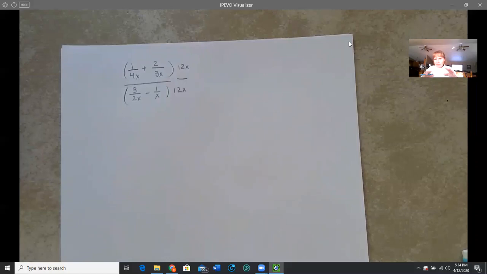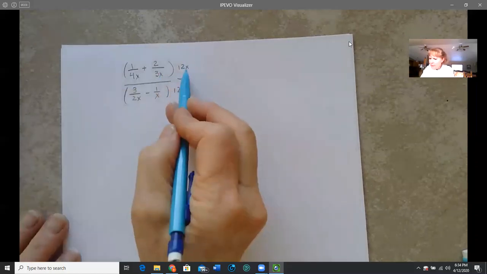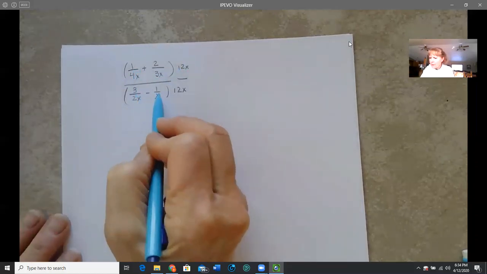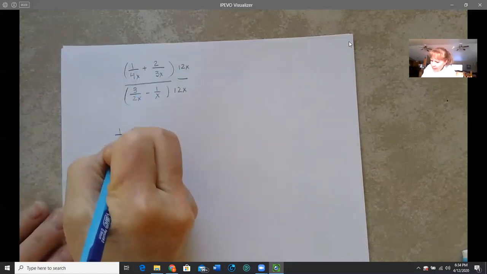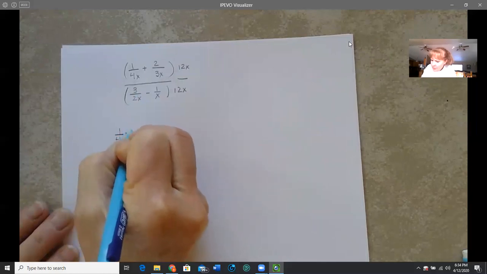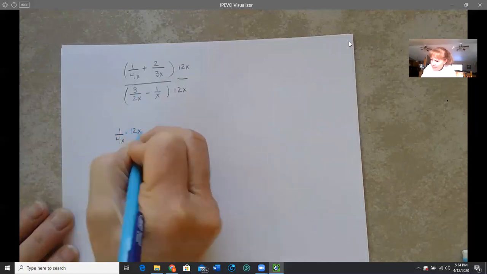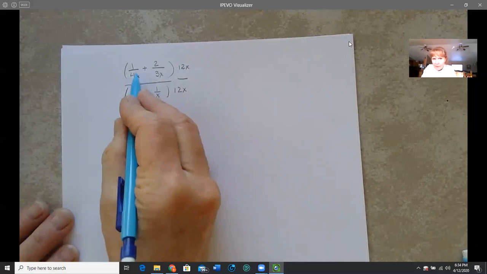Now you take this 12x times every term. And I'm going to go ahead and write the 12x next to each of the terms. So I'm going to take 1 over 4x times 12x. That would be the first one.